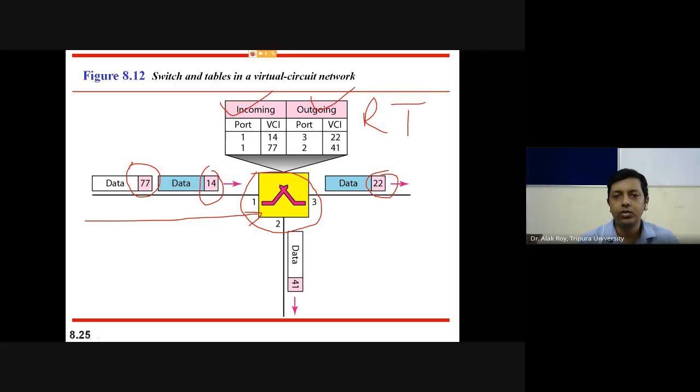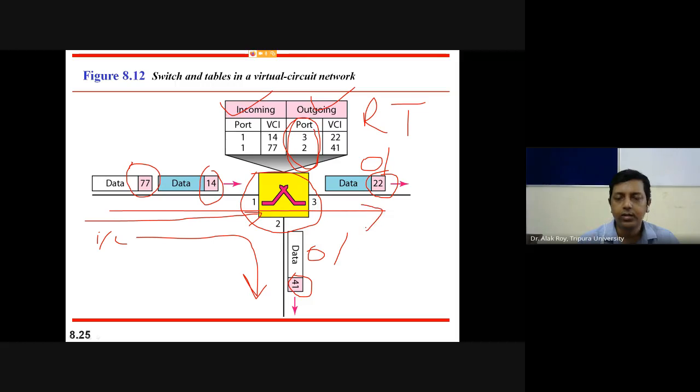For port 2 only identifier 41 is allowed. So for incoming this path, for outgoing this path. They have written port 3 and 2 as outgoing. So data transfer is possible from 1 to 2 or from 1 to 3.